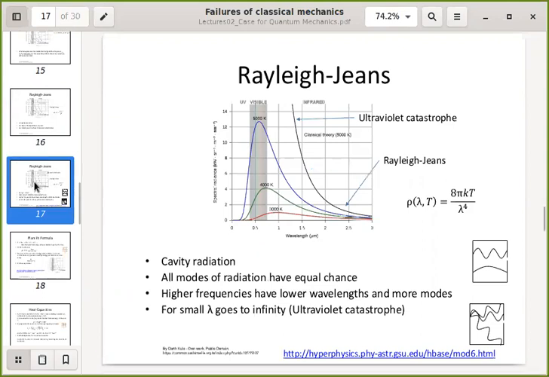Well, it's quite straightforward. The way he dealt with it is he looked at cavity radiation, and he said that if you're going to have radiation emitted from a cavity, the first thing you've got to be able to do is set up a standing wave for that electromagnetic radiation, which means that you've got to have a perfect number of wavelengths from one side of a cavity to another, so that when it gets reflected perfectly, that creates a perfect standing wave.